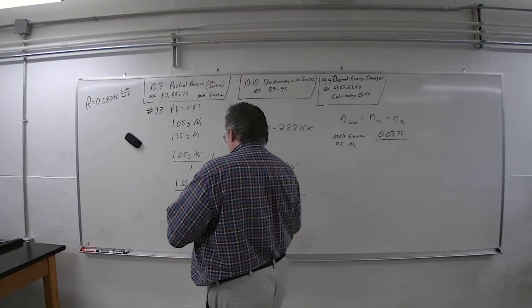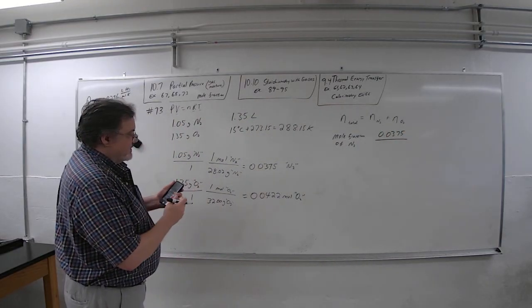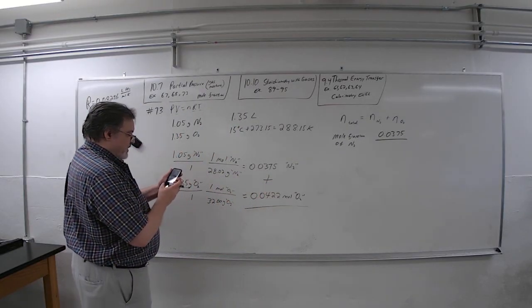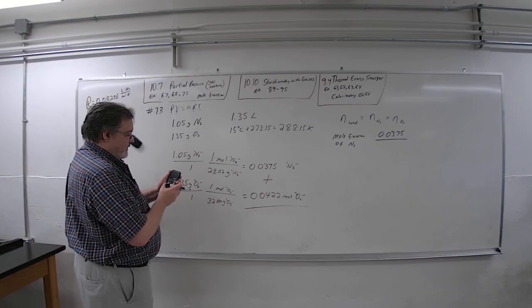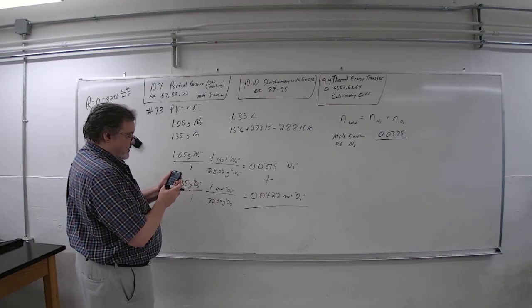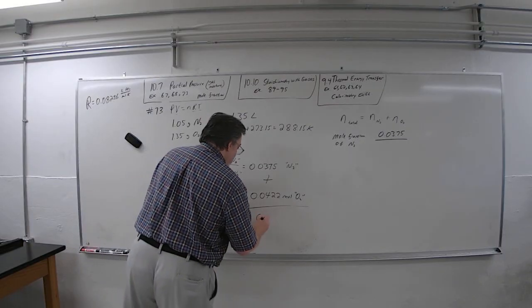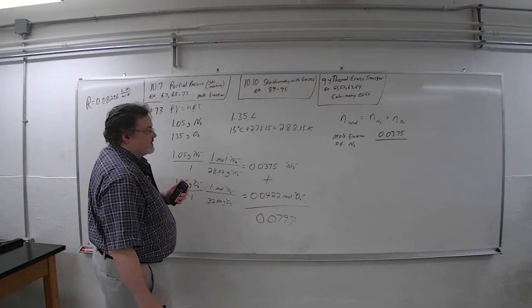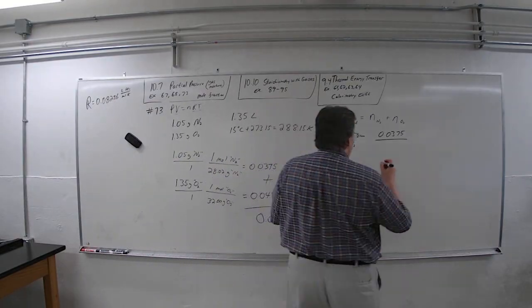Over the total moles. The total number of moles there is this plus this, 0.0375 plus 0.0422. So that's the total, that just goes in the denominator.